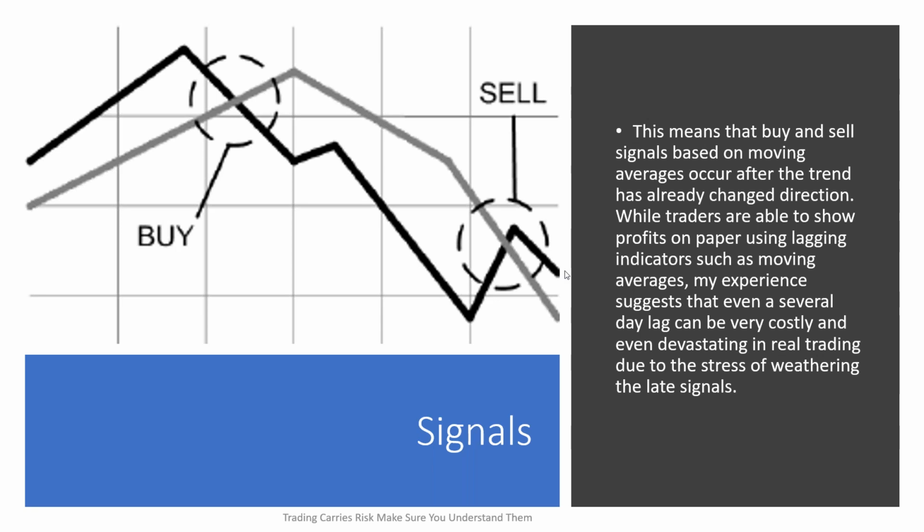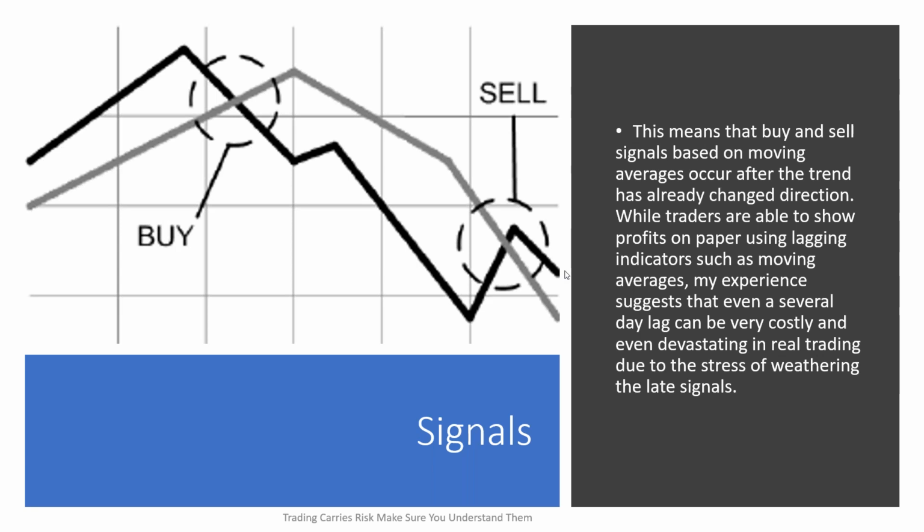Most indicators are lagging indicators, and that's because they have to use the price or calculations based on price. Since the price has already occurred, they're always behind what's happened in the markets. And this is a problem for all of us, because this means that buy and sell signals based on a moving average occur after the trend has already changed direction.